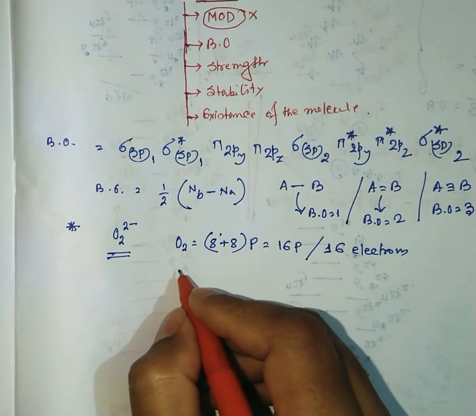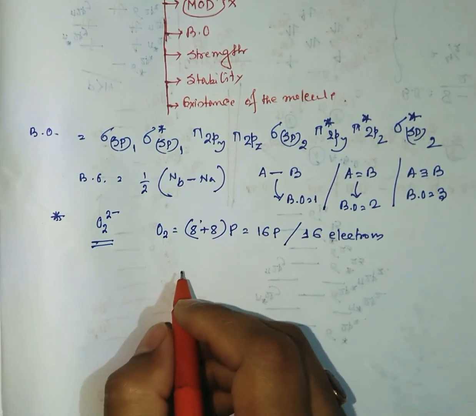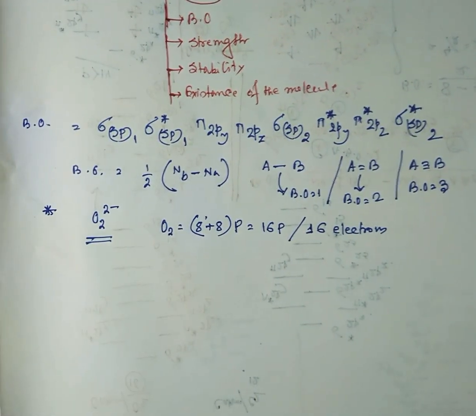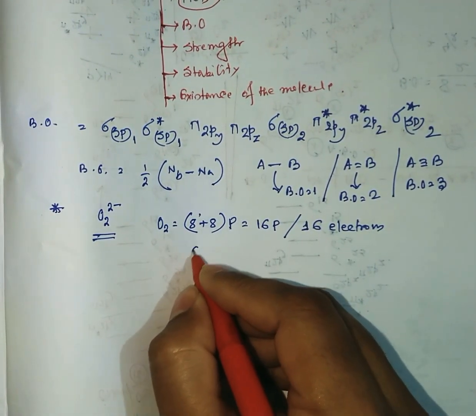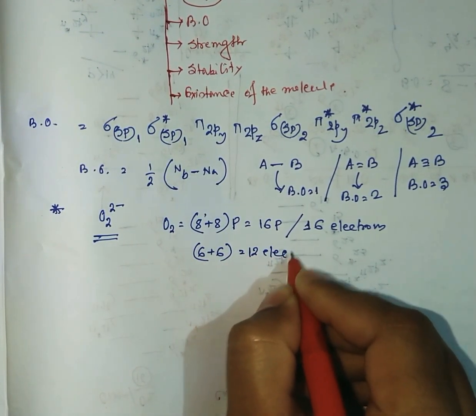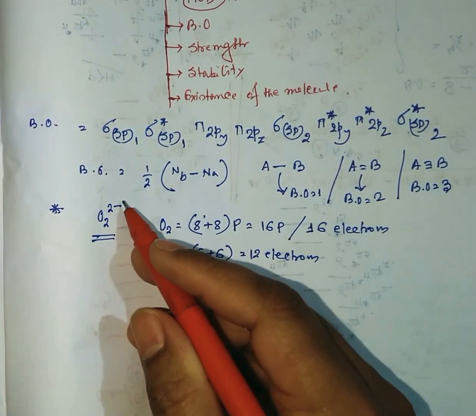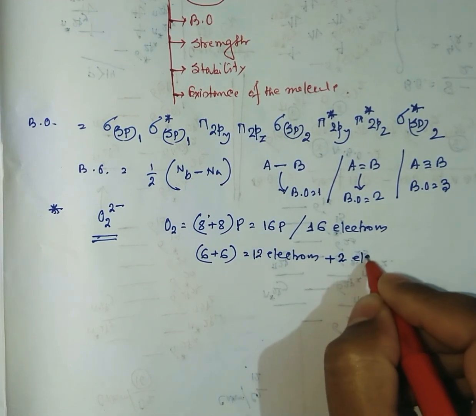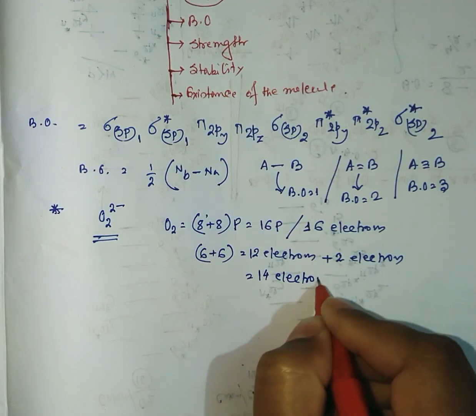But for sp interaction, we will calculate from the 2s orbital. So the number of electrons present in the O2 molecule is 6 plus 6, that means 12 electrons. O2 2 minus has another 2 electrons. Total number of electrons is 14.